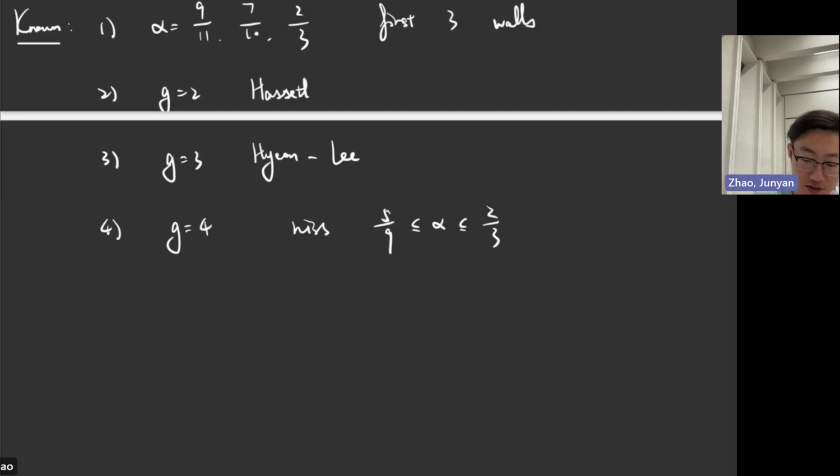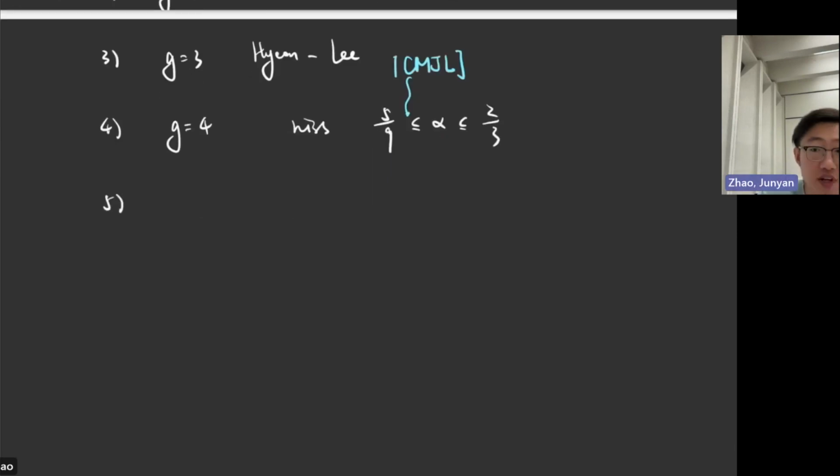And for this part, this is work by Casalaina-Martin, David Jensen, and Radu Laza, when alpha is less than 5/9. And the other two cases we know are for genus 5 and 6, but we only know the last wall, the last minimum model.